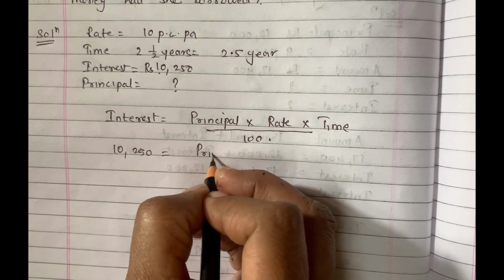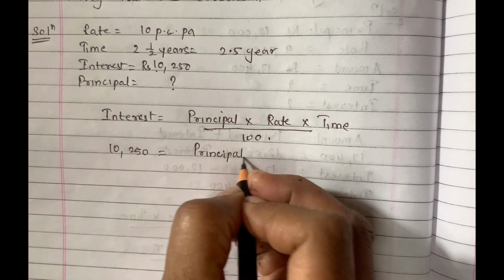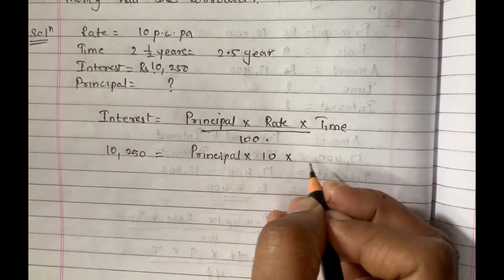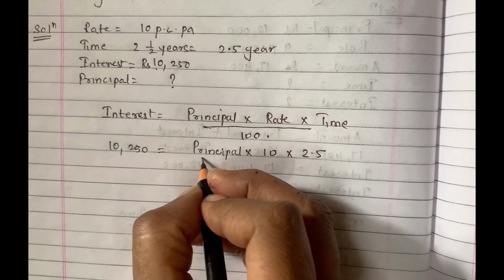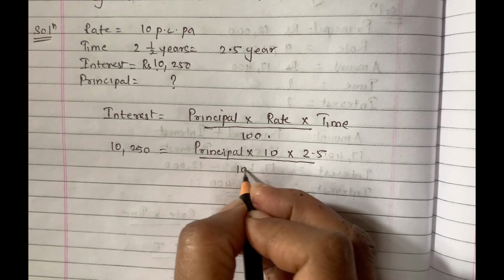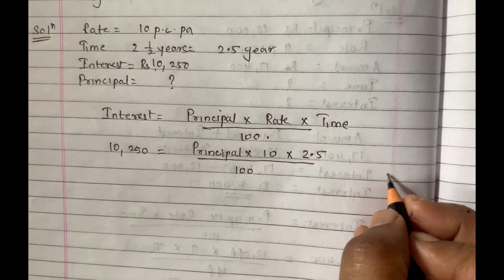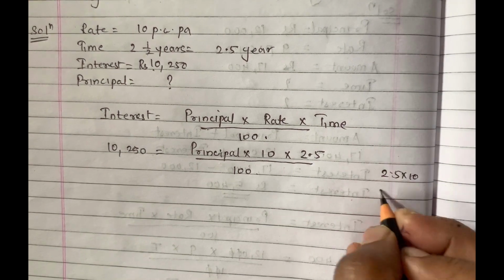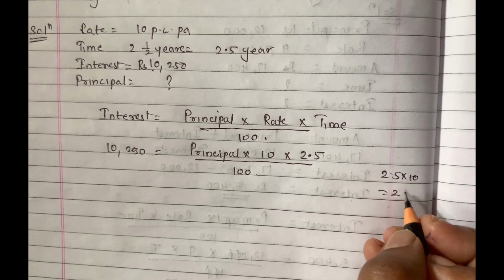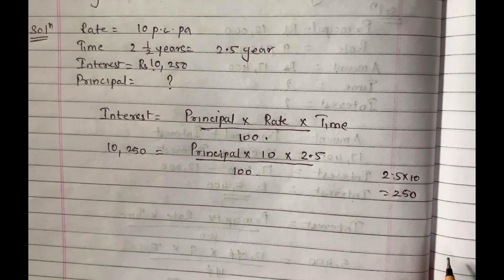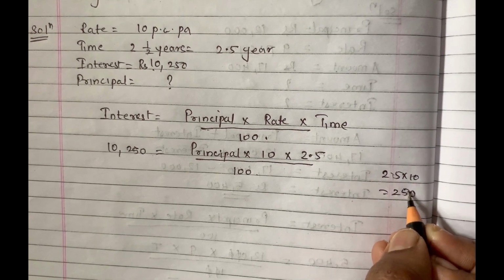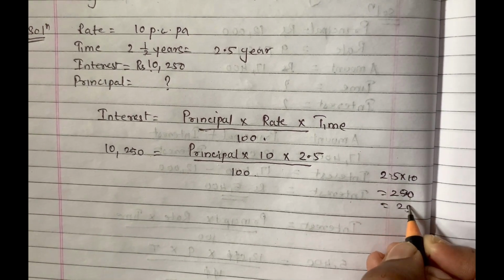Principal you don't know, so write as it is. Rate is 10, time is 2.5 upon 100. Now if you see, there is a decimal. Now 2.5 into 10 is how much? So just see 25 into 10. So it will become 250. One decimal, so you keep one decimal, so your answer will become 25.